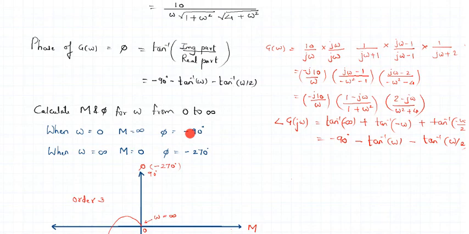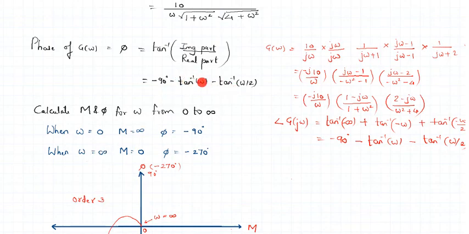Now let us find magnitude and phase when frequency is infinity. When frequency is infinity, the magnitude becomes 1 by infinity term. 1 by infinity makes the magnitude 0. What about the phase? When we put infinity in the phase equation, we know tan inverse of infinity is 90 degree.